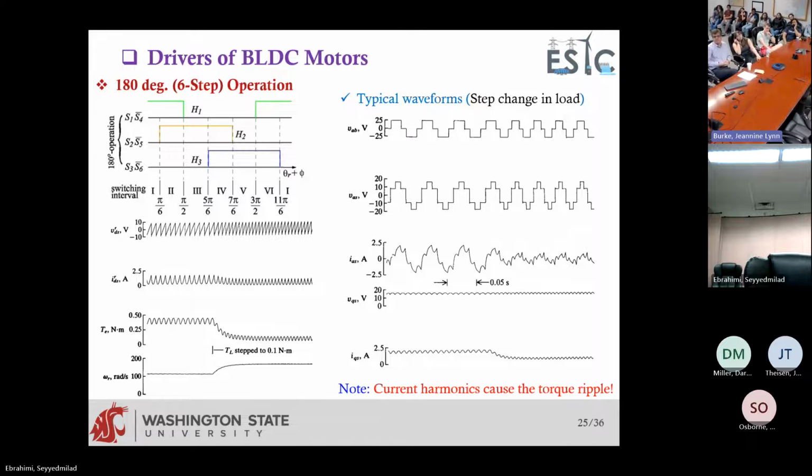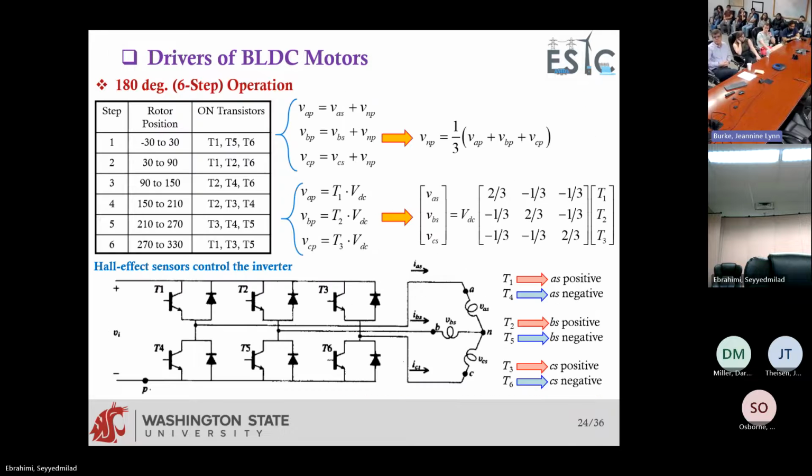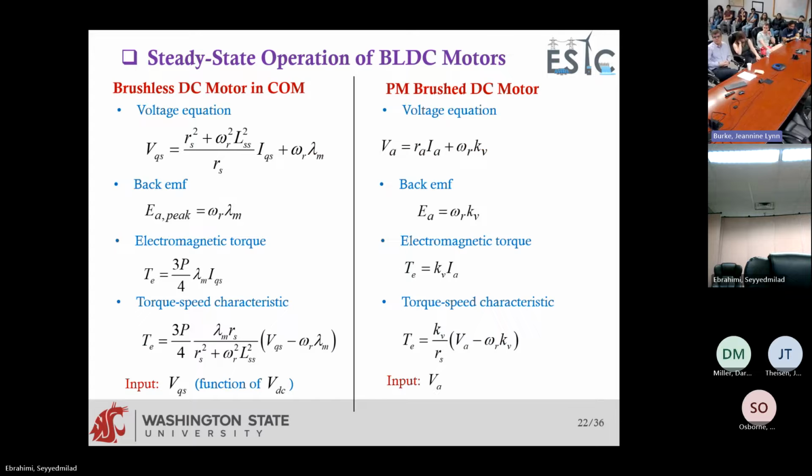We know that there are harmonics on top of this waveform, so you can assume that this is a fundamental frequency component plus some harmonics. Those harmonics will be the ripples here. The fundamental components of these waveforms will be the average part. The harmonics will be the ripples. You also remember that torque was related to I_Q, a constant multiplied by I_Q.